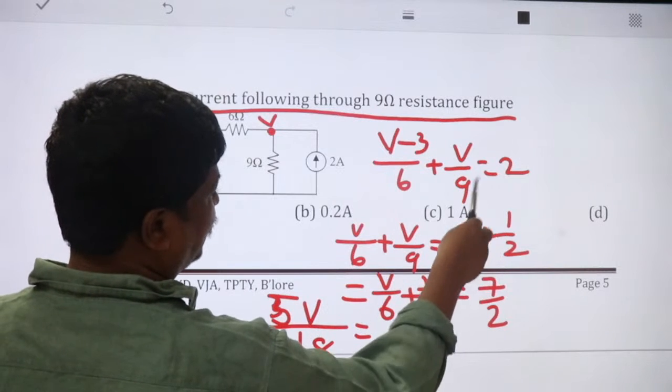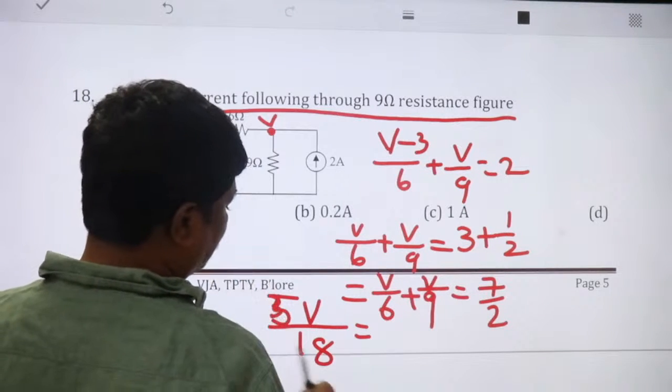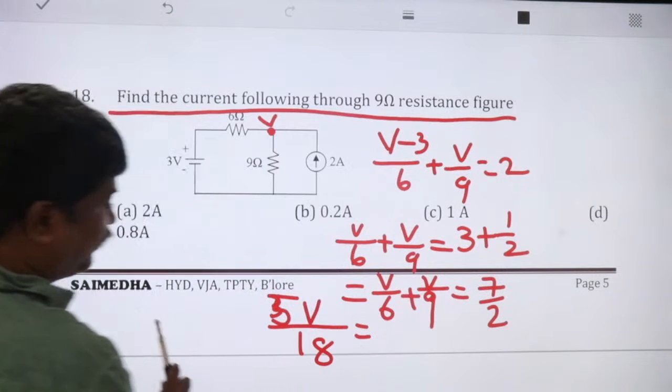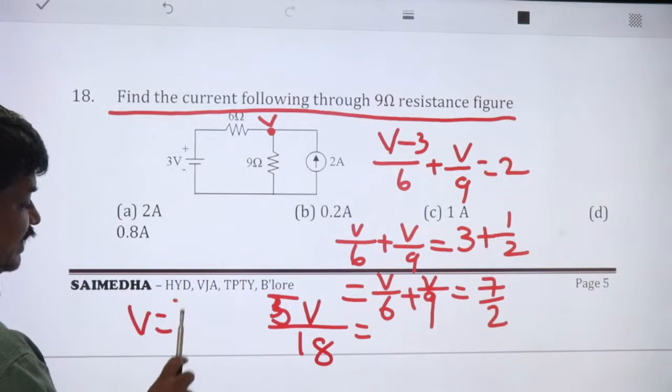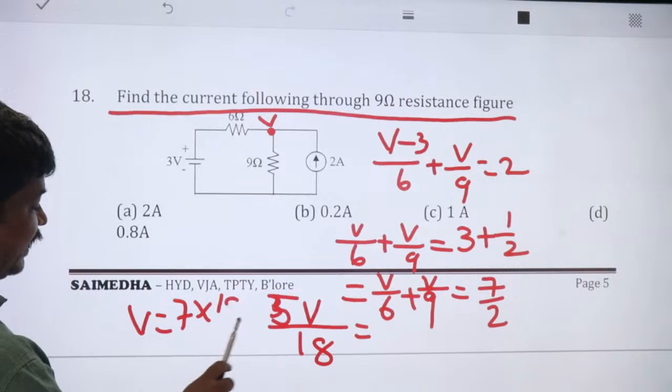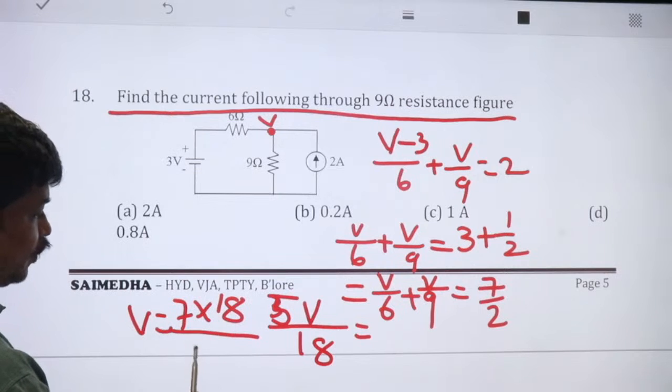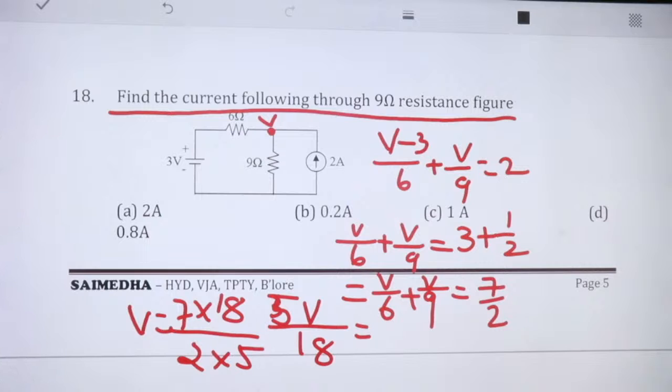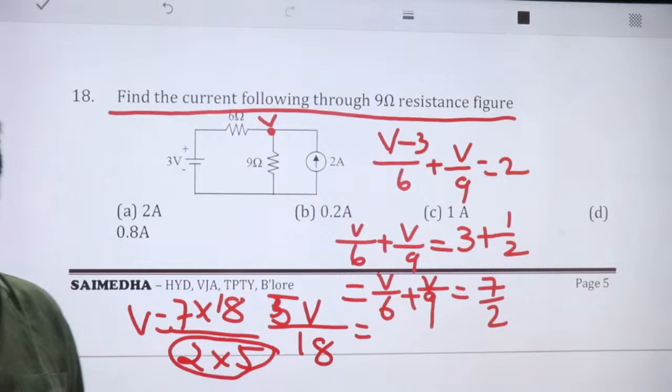This is 6 plus 1, 7 by 2. So V is equal to 7 into 18 divided by 2 into 5, which is 10. How much are you going to get? 1 ampere, you got?